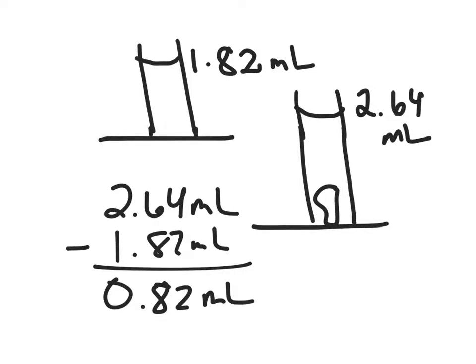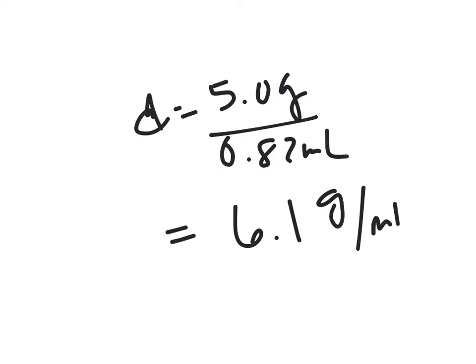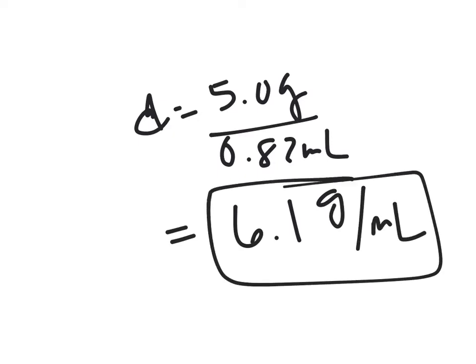Therefore, that's the volume of the rock, and I can now calculate the density of the rock by taking its mass divided by its volume, and I get 6.1 grams per mL. So that's how we can calculate volume by displacement and get the density of irregularly shaped objects.